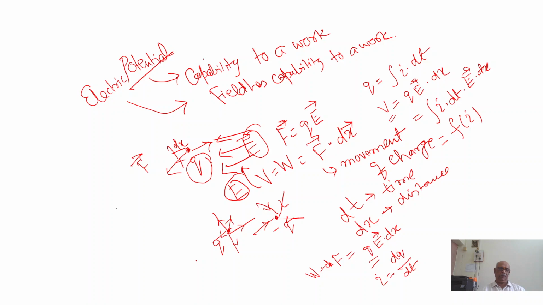If I have got a conductor and it has got a resistance R, by Ohm's law we know V equals IR. That's the relation. We normally know it by Ohm's law. So in this case, this functional relationship is IR.